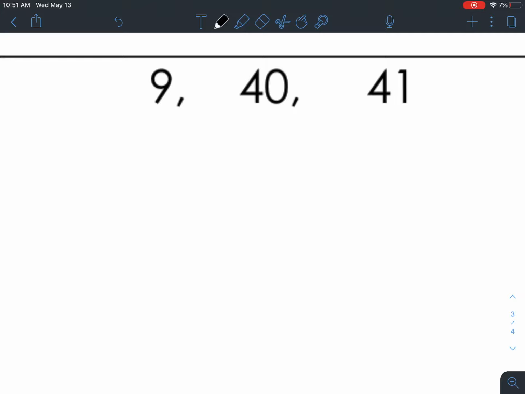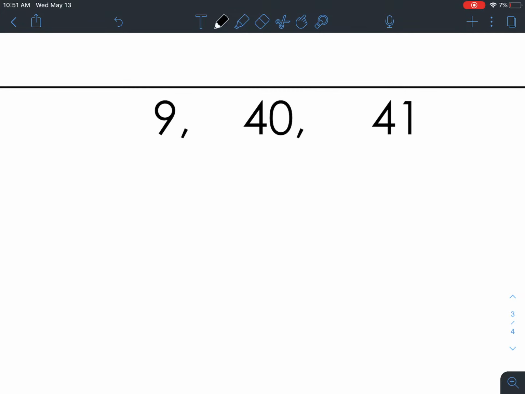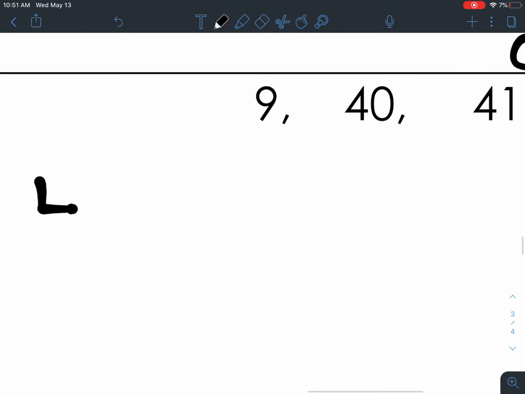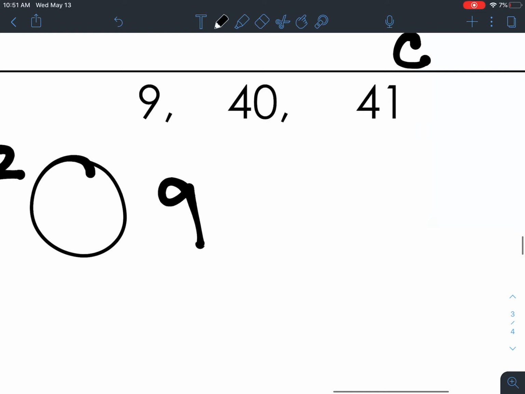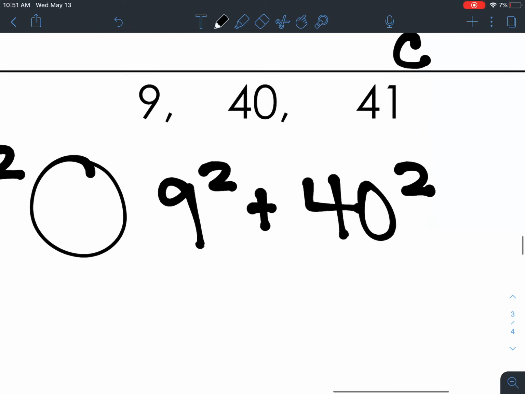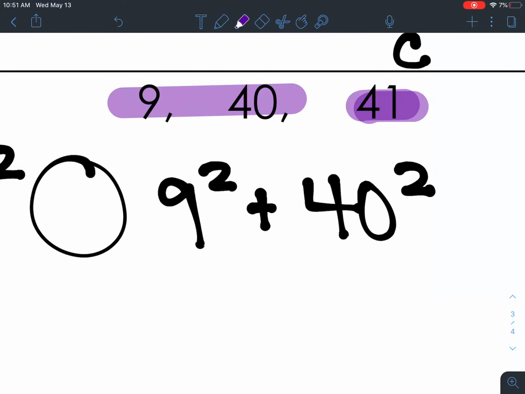Let's try the next one. So we have 9, 40, and 41. 41 has to be my C. So I'm going to take 41 squared, compare that to 9 squared plus 40 squared. First thing I should have done is actually check to make sure that the triangle existed. So if I add the 9 and 40 together, is that greater than the 41? It is.